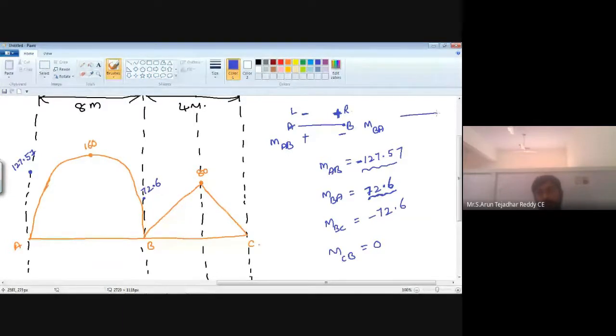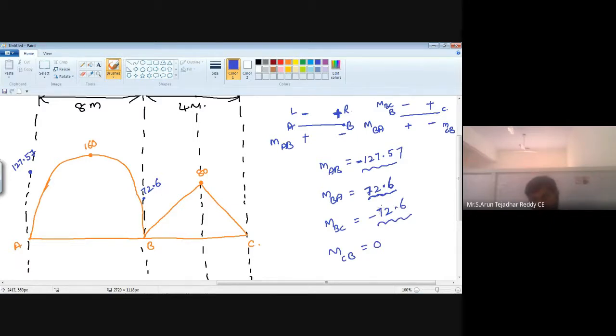Now coming to the BC span. See, same concept, minus plus minus. Here we have an MBC value and here we have an MCB value. First you need to check MBC value. Here MBC we got minus 72.6.